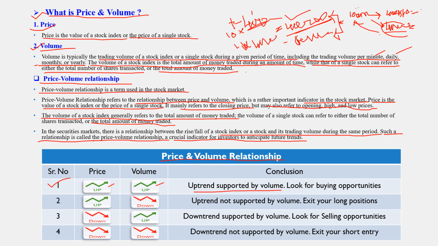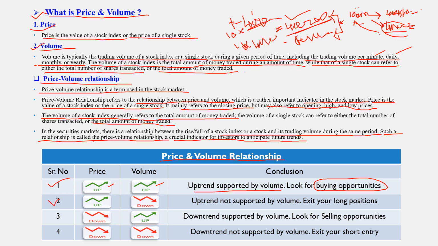This is important, and we look for a buying opportunity. When both trends are going up, the buying opportunity is strong, so we can buy some stock. This is the buying opportunity.